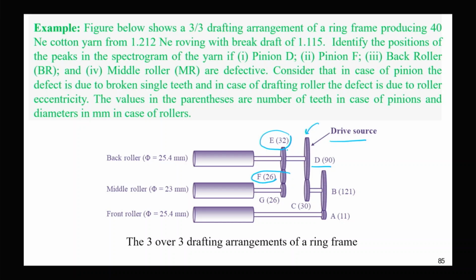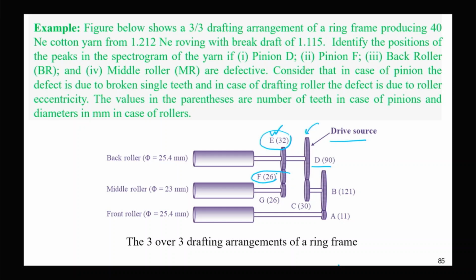Pinion E is a perfect pinion with no defect, and it is driving F, and F is also rotating uniformly because F is getting drive from E.